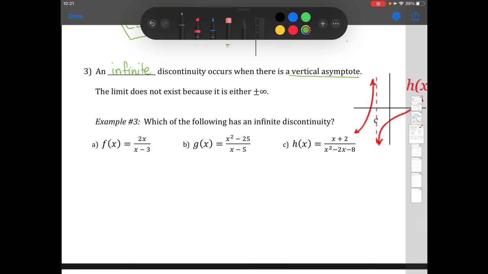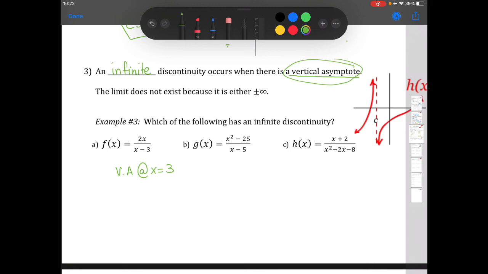Okay, so the first one is what? A function is given to you, and whenever we talk about vertical asymptotes, what do we do? We just take the denominator and set it equal to 0, right? We can't cancel anything, so there is a vertical asymptote at x equals 3.